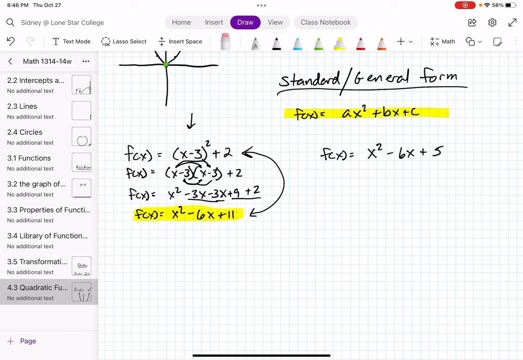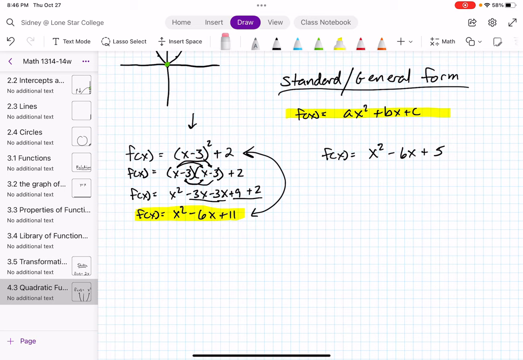Now, I know that this is a little bit different than we do with circles because we have f of x. But I do know that we are going to have to create a little bit of space, x squared minus 6x plus the perfect number. Now I'm going to just push this plus 5 over.